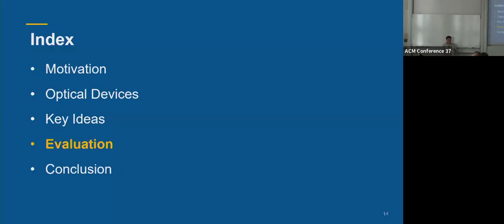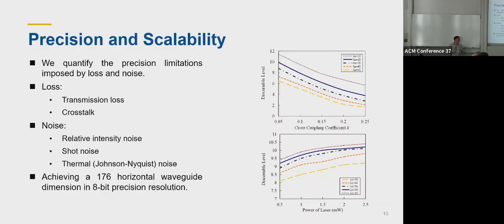So let's move to evaluation. To analyze the feasibility of analog computing, we evaluate the precision and scalability of STADIUM. Our evaluation of precision primarily considers two sources of precision limitation. The first is loss, and the second is noise. The propagation of light through a photonic device introduces transmission loss that impacts the precision of STADIUM.